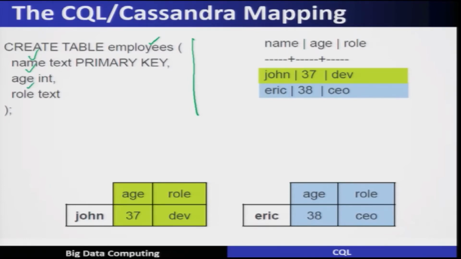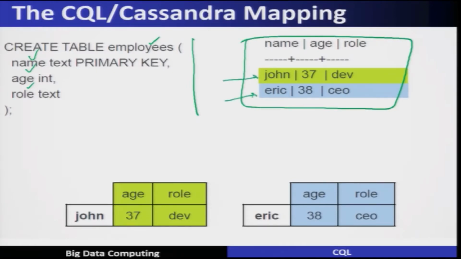Now, let us populate this database with 2 tuples, one called John and the other called Eric. As far as the internal mapping of this SQL command is concerned, name is the primary key.